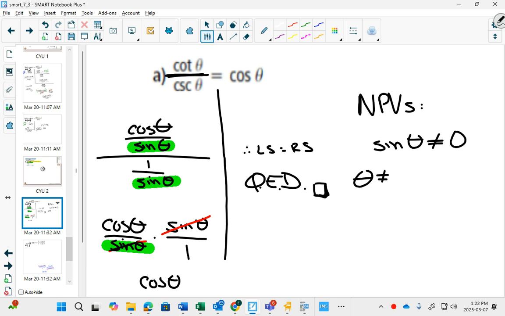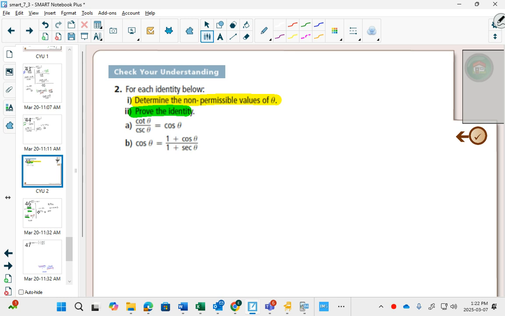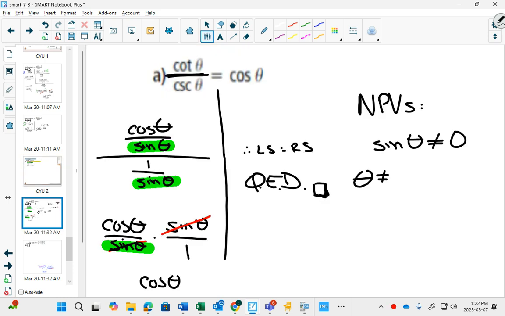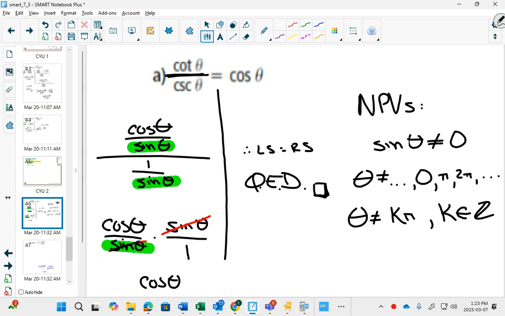Did it give me a domain for my theta? No. So it can't equal 0, pi, 2 pi, dot, dot, dot. Also in the negative direction, dot, dot, dot. Can you see how I could write all of those together as k pi? Where k is an integer.